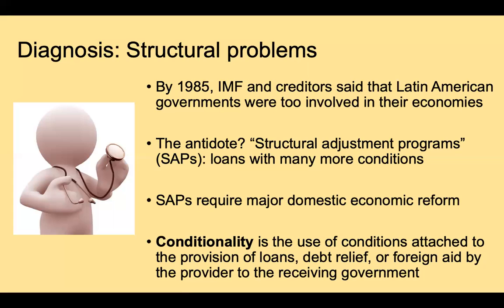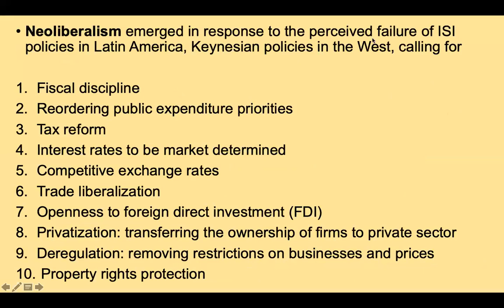If you want more loans, if you want to reduce the amount of interest owed on existing loans, if you want to receive foreign aid, you've got to make X, Y, and Z changes. These changes went hand in hand with what's referred to as neoliberalism.